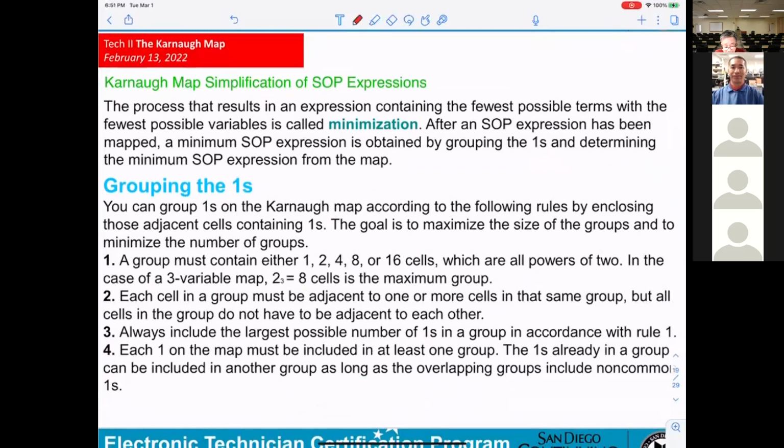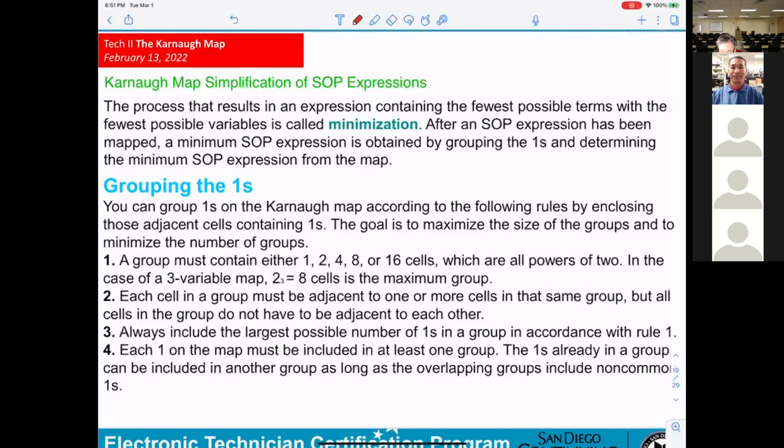Now, this stuff here. Karnaugh map simplification of sum of product expression. The process that results in an expression containing the fewest possible terms with the fewest possible variables is called minimization.